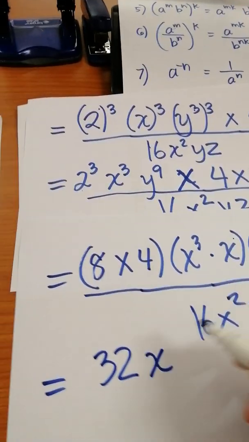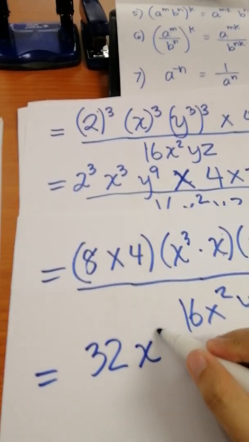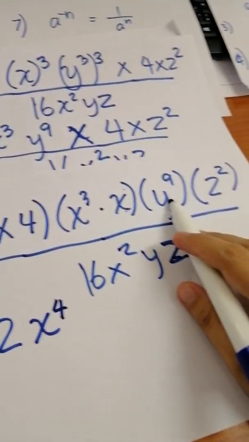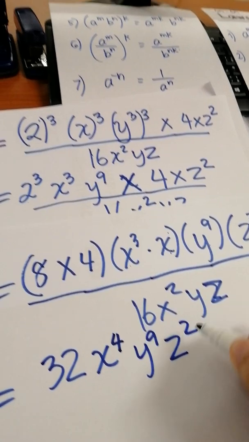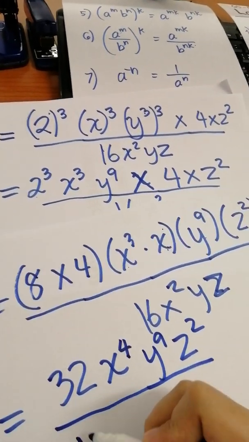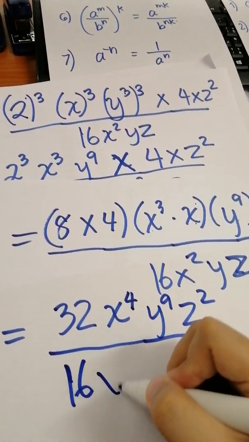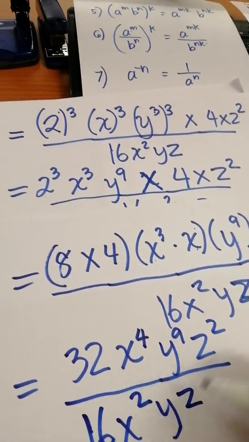For the same bases, you add the powers, so for example 3 plus 1 is 4. We don't have another y and need z. So we have 16x squared yz.